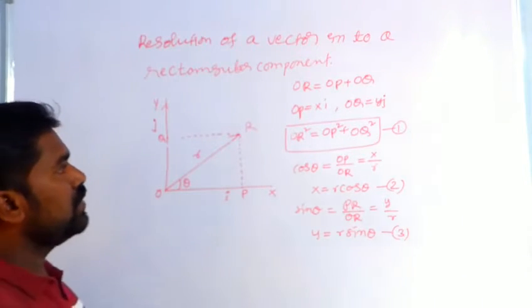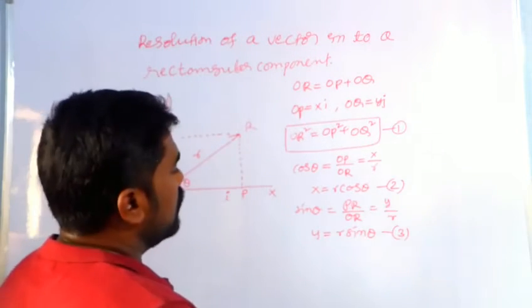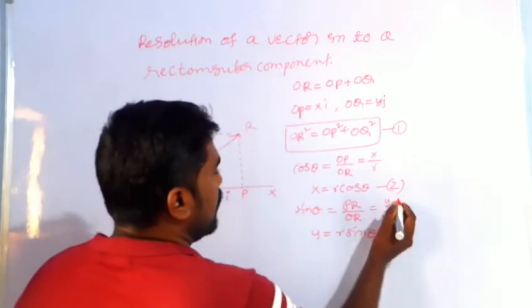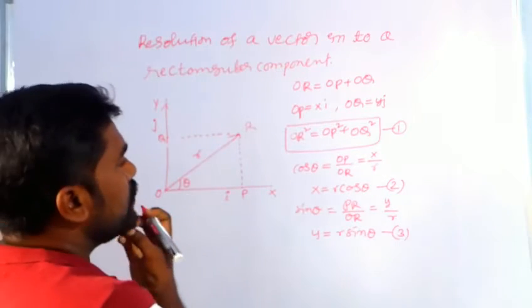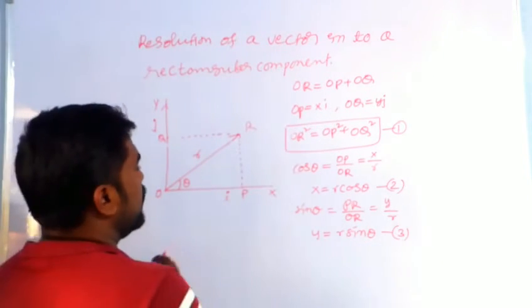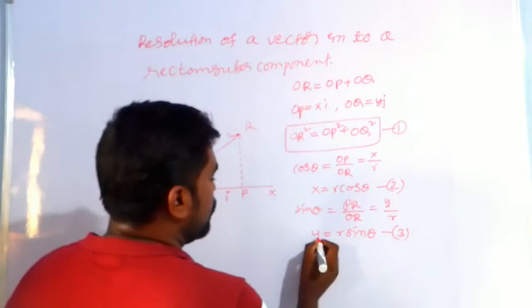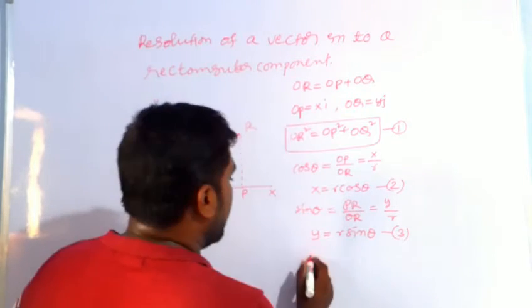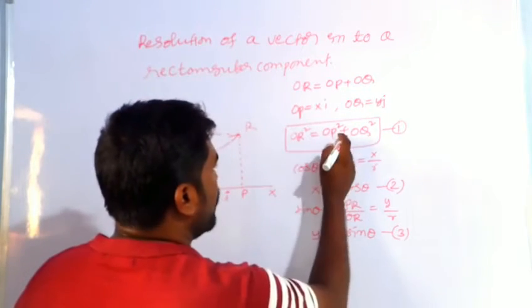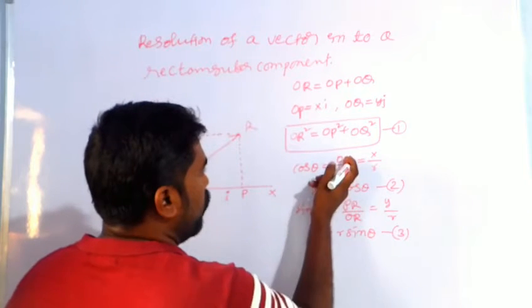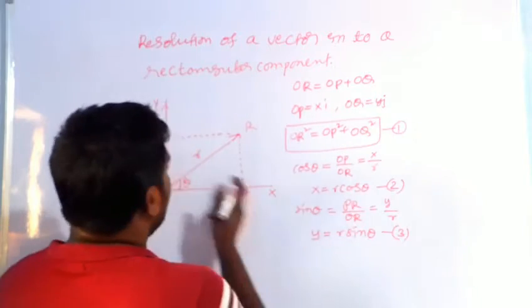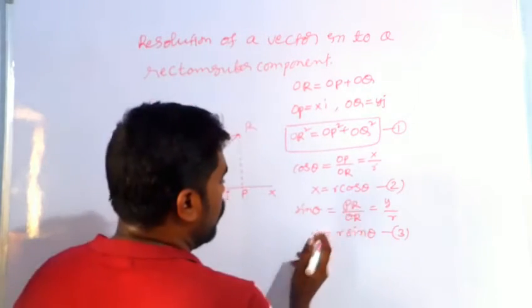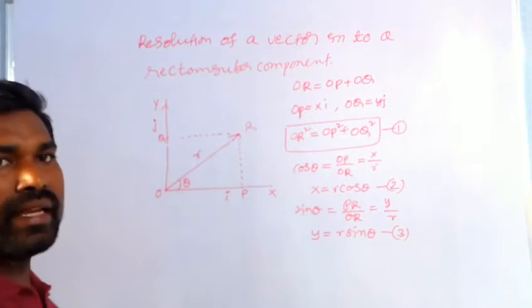Now from equations 2 and 3 in equation 1, we can write OR squared equals OP squared plus OQ squared, where OP is x and PR, which is also OQ, is r sin theta.